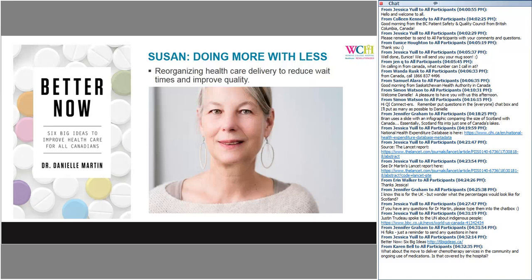So much of what we know needs to happen in this country with respect to the reorganization of healthcare delivery would actually cost us less than Susan's story cost, not to mention giving her a better quality of life.